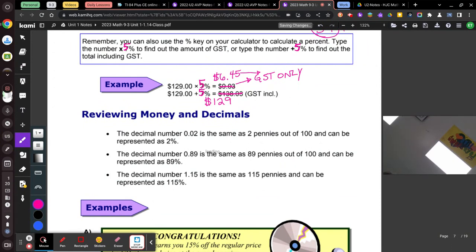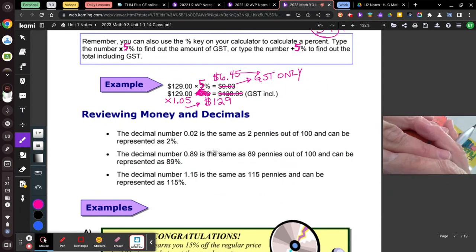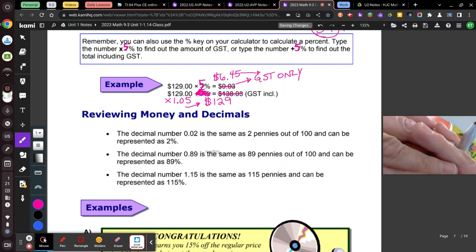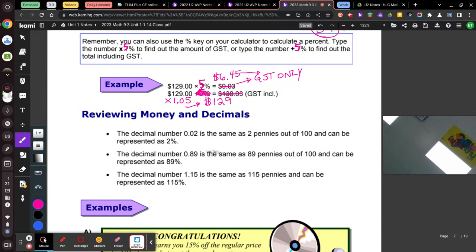That didn't do it right. We're timesing it by 1.05. Not adding 5%. We're timesing by 1.05. 129 times 1.05 is 135, not 129. So our grand total would be 135 and 45 cents.